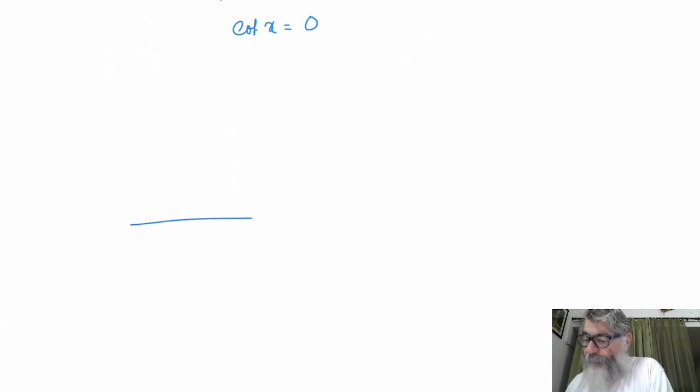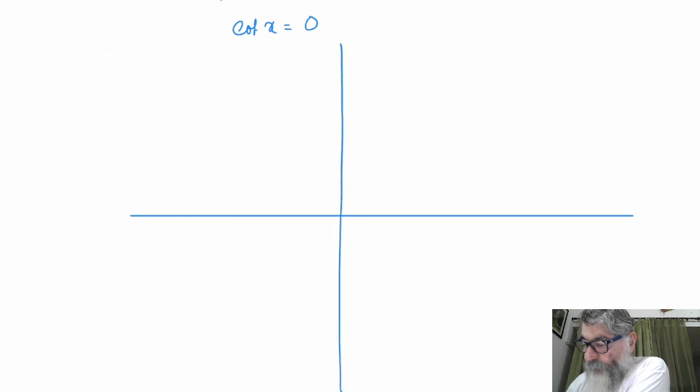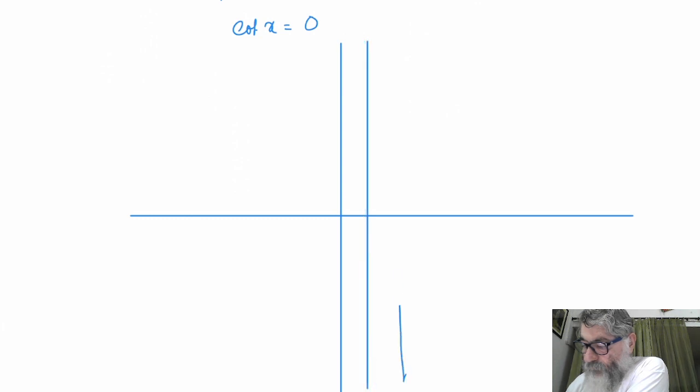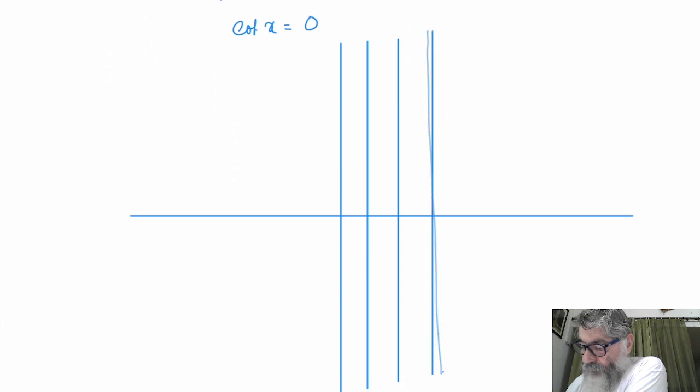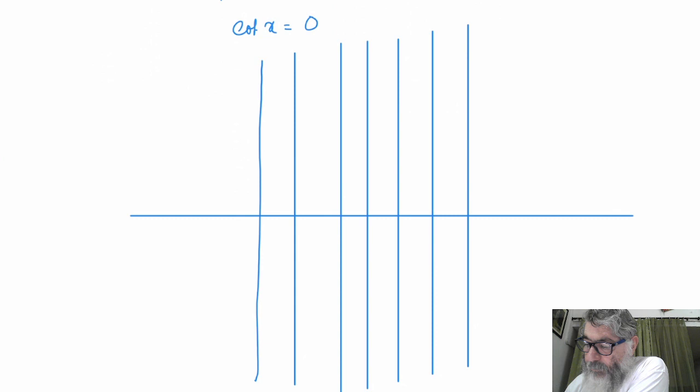So how we used to draw the graph, if you look at the graph of cot x, I'll just draw it for you. I'll draw only one interval, one period.